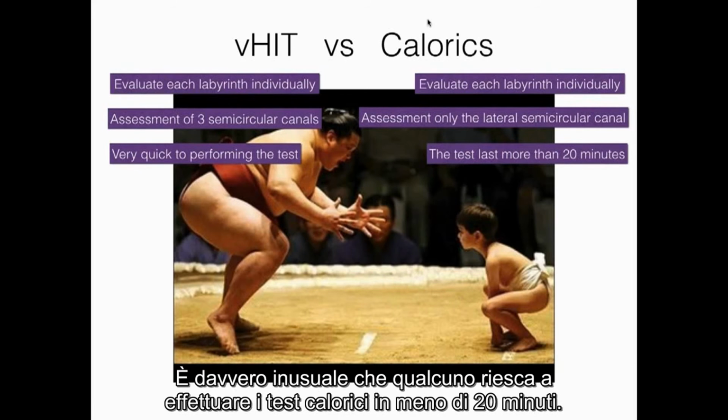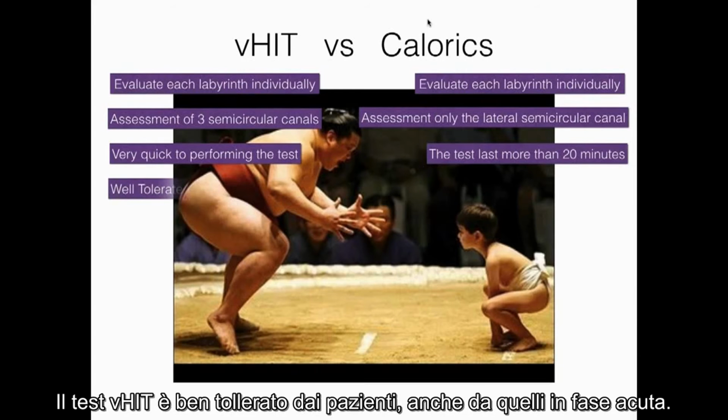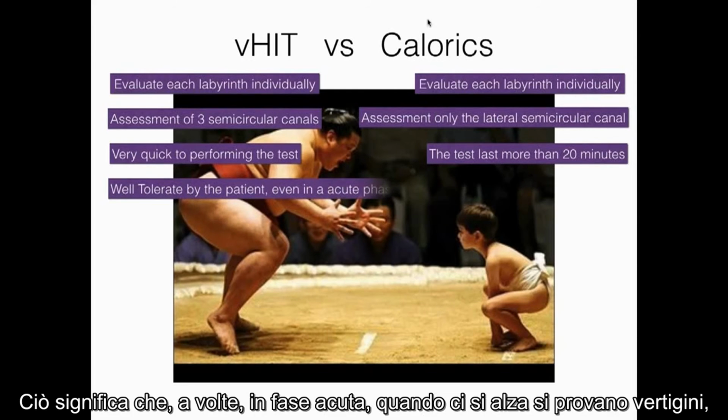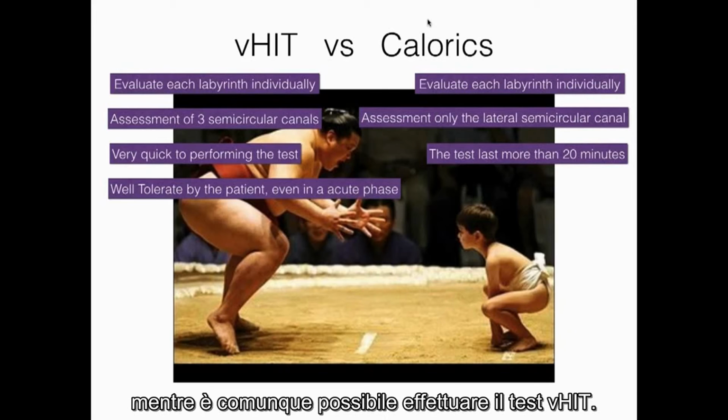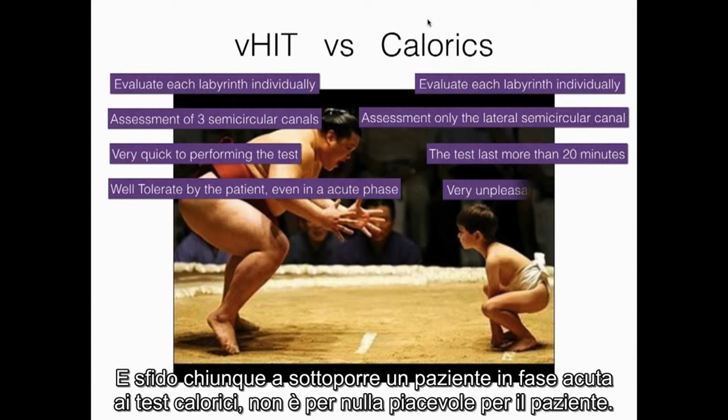It's very unusual for someone to do a caloric test in less than 20 minutes. The vHIT is also very well tolerated by the patient, even a patient in the acute phase, who has nystagmus and vertigo, but you can still do the vHIT. And I dare someone to do the calorics in the acute phase. It's very unpleasant for the patient.